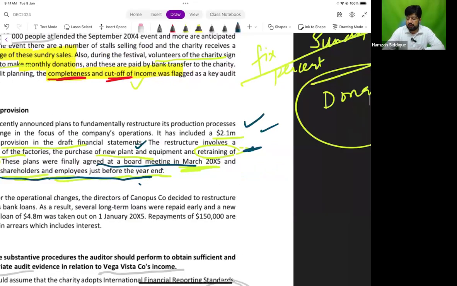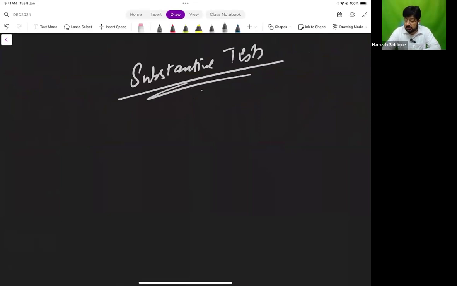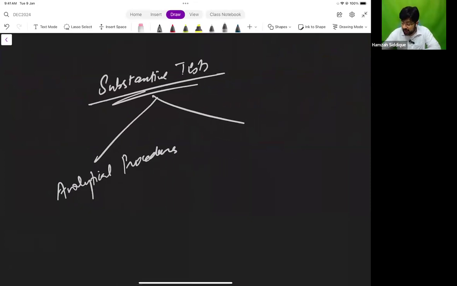Now, a quick overview, a quick revision. Students, substantive tests: what are the practical ways? We can classify them into types. They are called analytical procedures, inquiry, inspection of documents. Just review the documents.